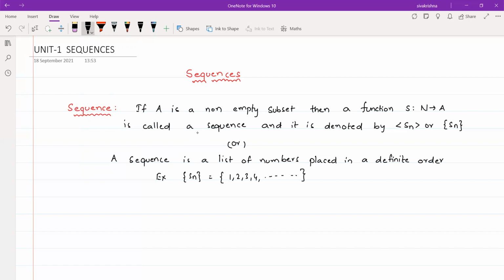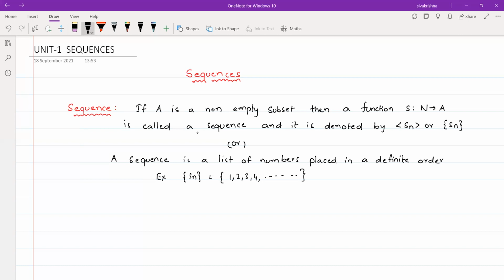Okay, suppose if you write 2, 4, 6, 8, 10, 12 and so on as a sequence, so then we call that a sequence of all even numbers. Similarly, if you write 1, 3, 5, 7 and so on, we call that a sequence of odd numbers. So a sequence is nothing but a list of numbers placed in a definite order.